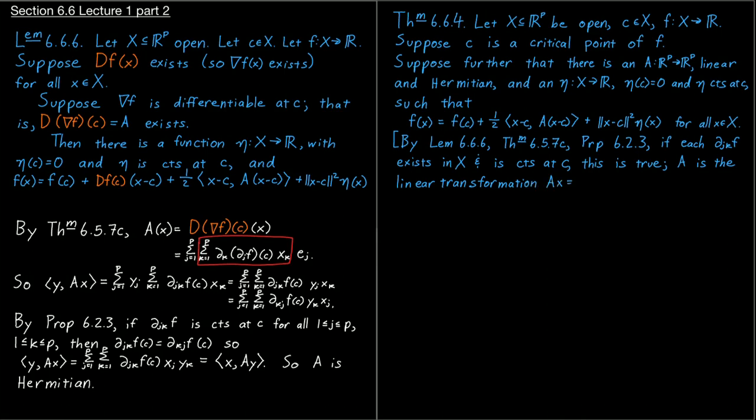A x equals, you multiply by a matrix: partial 1,1 f of c, partial 1,2 f of c, actually down to partial p,1 f of c, partial 1,p f of c, then across to partial p,p f of c.